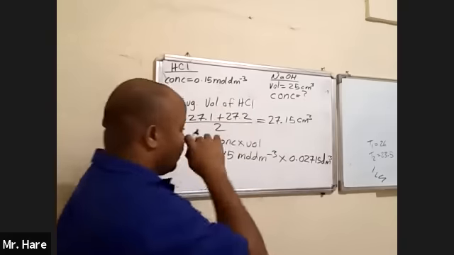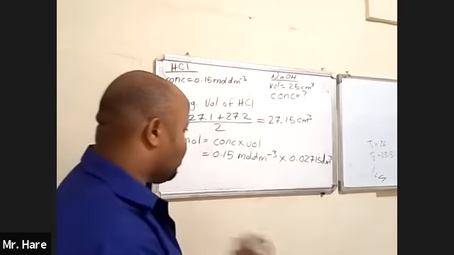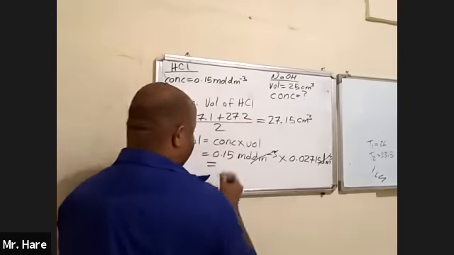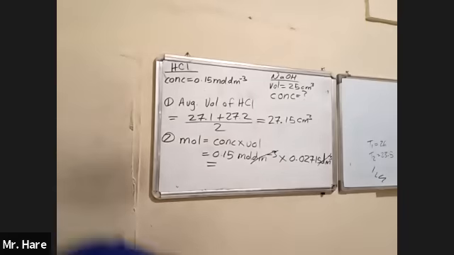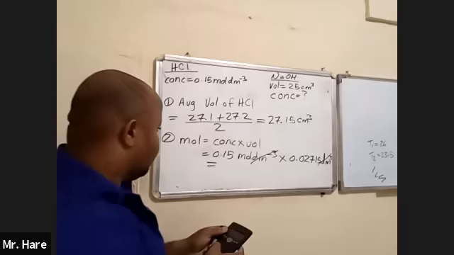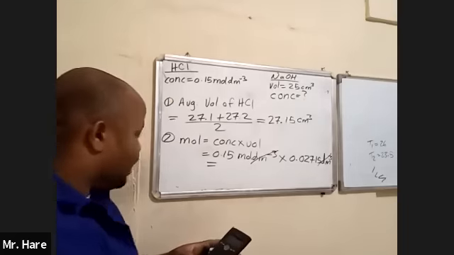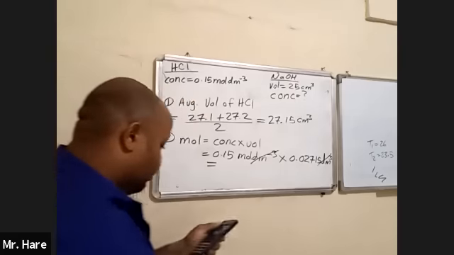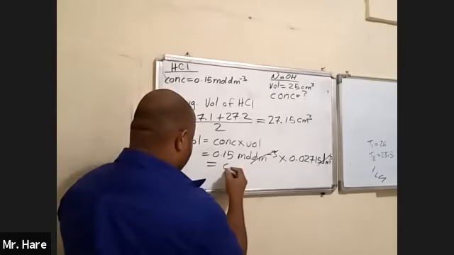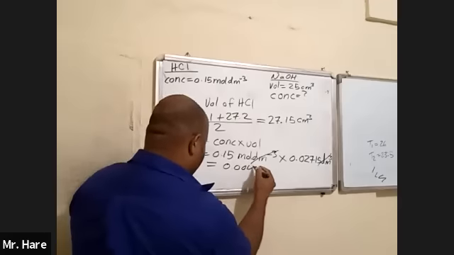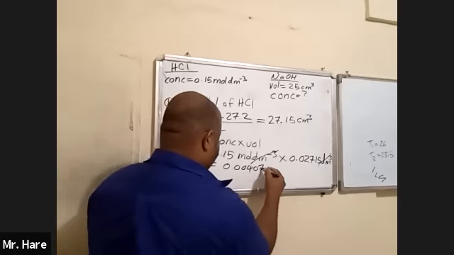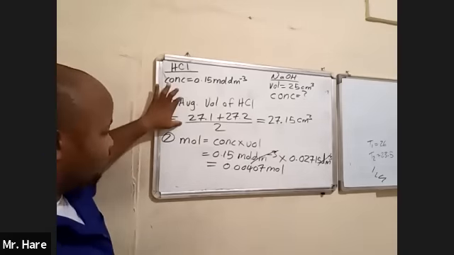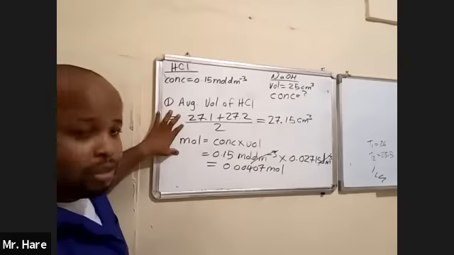Remember, from cm cube to dm cube, you divide by 1000. So dm cube cancels dm cube, we're left with moles. So 0.15 times 0.02715 gives 0.00407 moles. So you find the average volume, you calculate the moles.